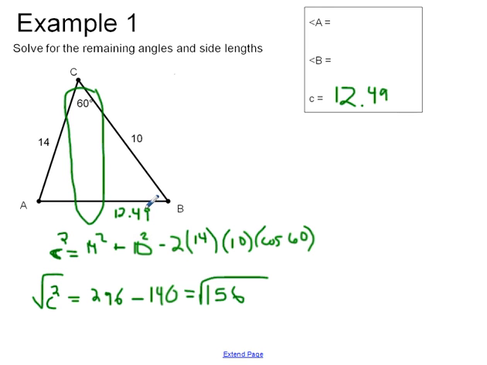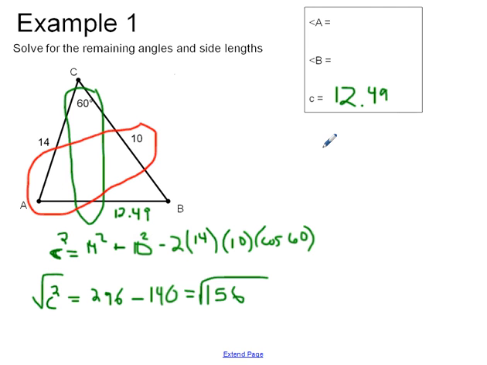Now, instead of redoing the law of cosines again to find the other stuff, at this point we're going to use the law of sines. With these types of problems, it's typically best to use the law of sines first to find the smallest angle measure.